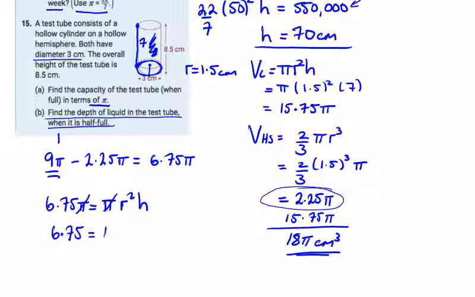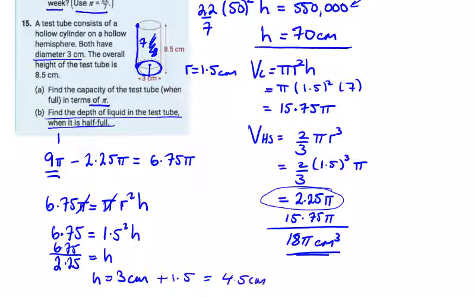That's equal to r, 1.5 squared, by h, and 1.5 squared is 2.25, and 6.75 over 2.25 is h, so h in this case is 3 centimeters. So it's 3 centimeters up the cylinder, and it's another 1.5 off the bottom, so it's 4.5 centimeters from the starting point, to wherever 4.5 is up there.